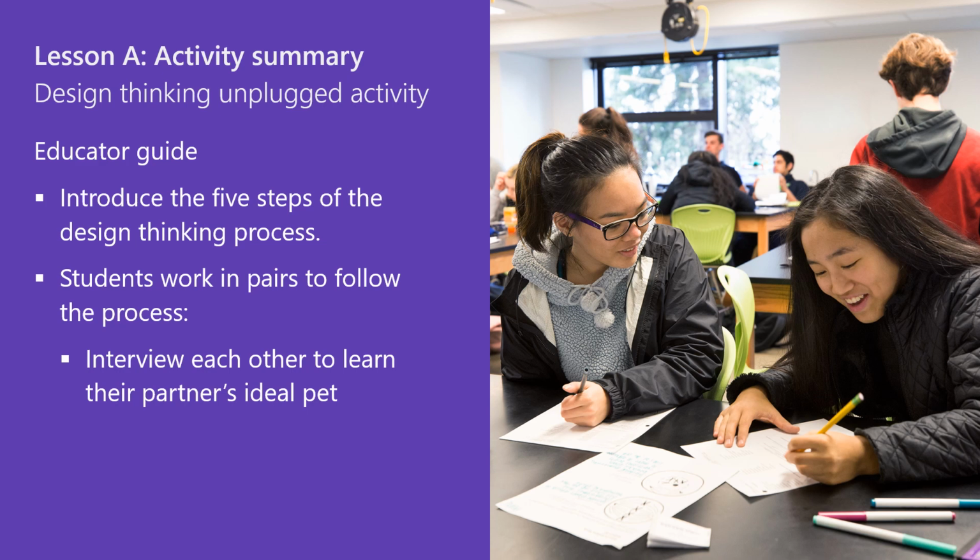And then students will brainstorm possible ideas and draw simple stick figure or diagram prototypes of their partner's ideal pet. Now, they aren't limited to real animals, creating imaginary pet mashups to meet their partner's ideal pet specifications. That's the whole idea.